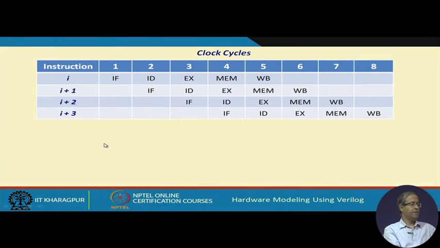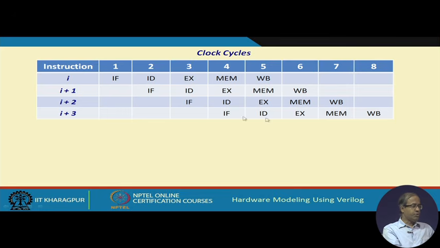Okay. Now, in instruction pipeline, the advantage that you get is pictorially depicted like this. You see, in this direction we show the time, the clock cycles. Let us say our instruction number I is coming. Let us start with clock cycle number 1. So, it is fetched, decoded, executed, MEM and WB, it is finished.